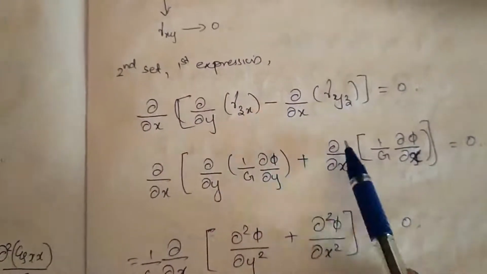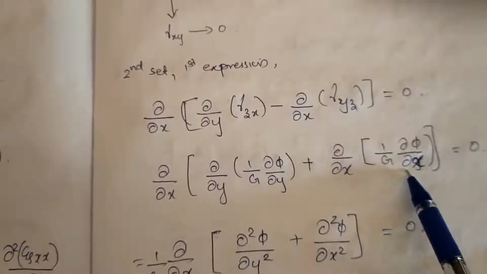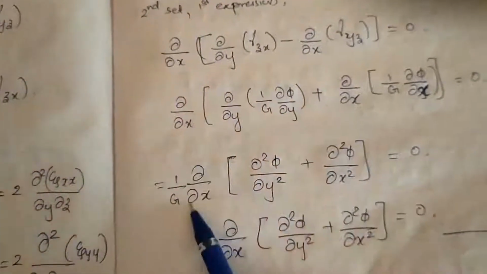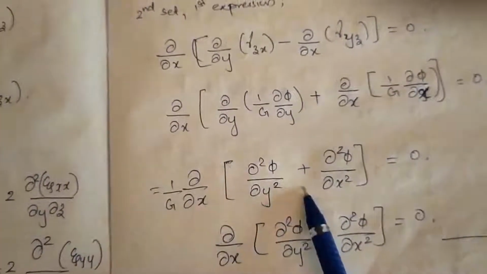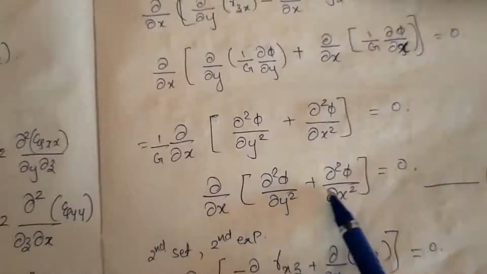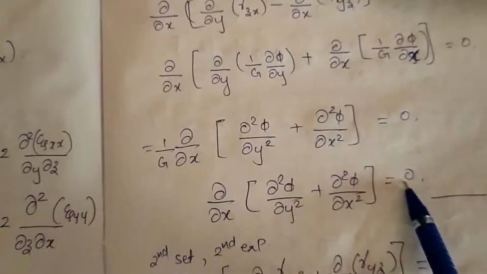Here it was minus, here the value is minus dou phi by dou x. So minus minus plus. Okay, now taking out 1 by G, you will get this thing. So dou by dou x of dou square phi by dou y square plus dou square phi by dou x square is equal to 0.